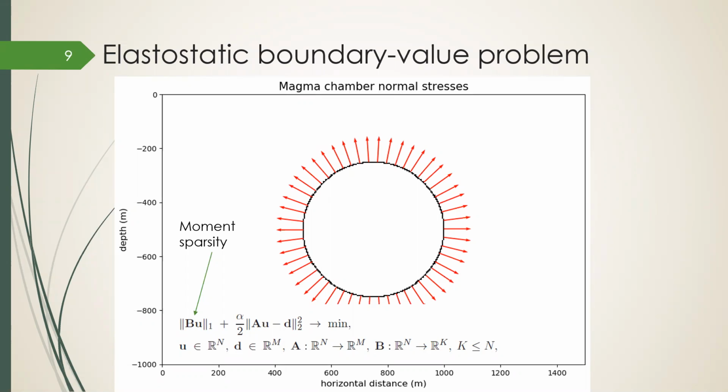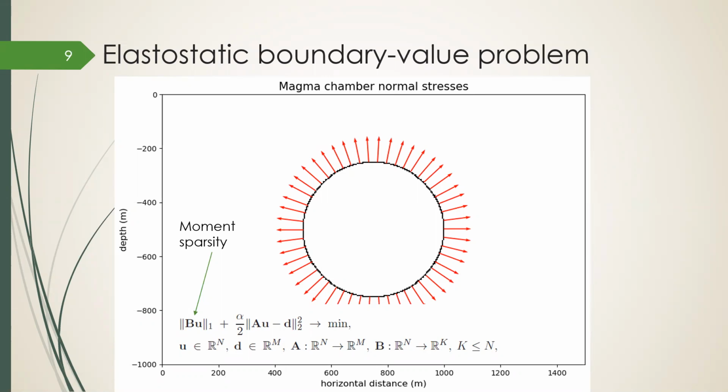So basically, I want the pseudo-sources to be sparse. I want to have as few of them as possible distributed somewhere inside this chamber, and such that they predict the pressure upon the boundary. So they produce exactly the same effect as if the cavity was filled with magma.